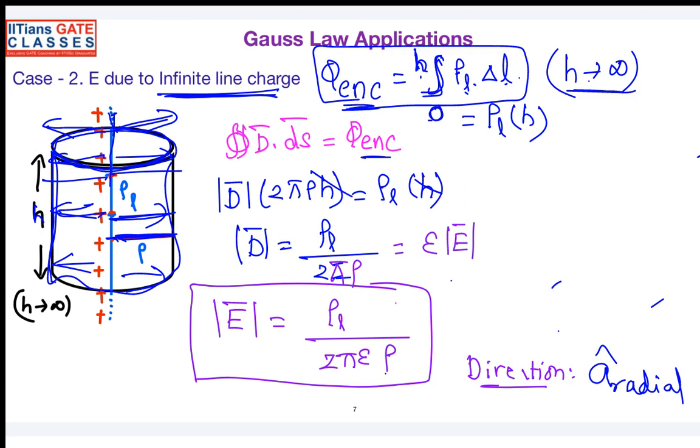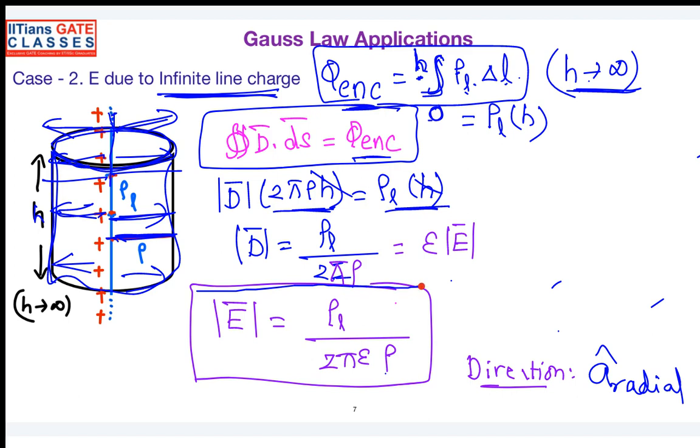Then you apply the Gauss law. The surface area will be 2 pi into radius into h and the charge will be rho L into h. So the electric field intensity is rho L by 2 pi epsilon rho, and the direction will be radially away from the line charge. Is it clear now?